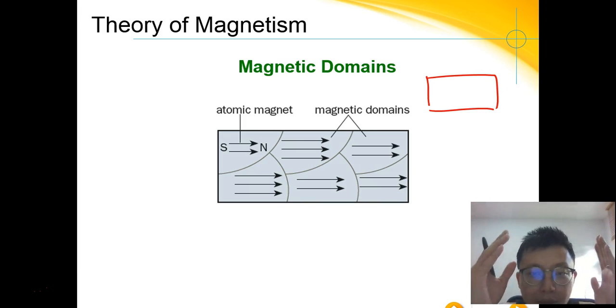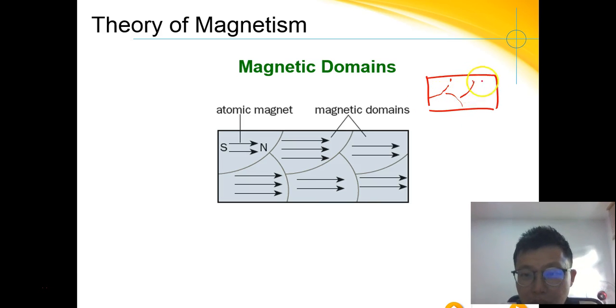But for this model that we are going to use, we imagine that this rod is actually made up of domains. Why is it that I call this a domain? Because we imagine that all these particles are being grouped together as a domain.